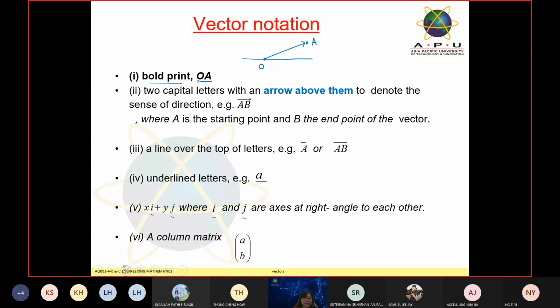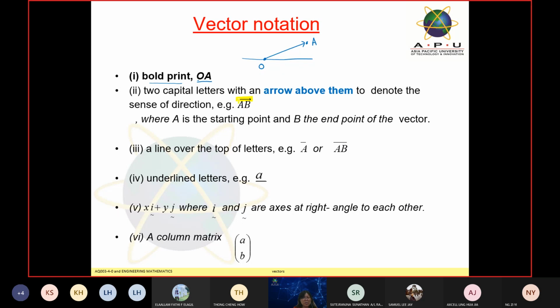The other way of writing vectors is to put an arrow on top, which is quite common, to denote the vector and the direction as well.